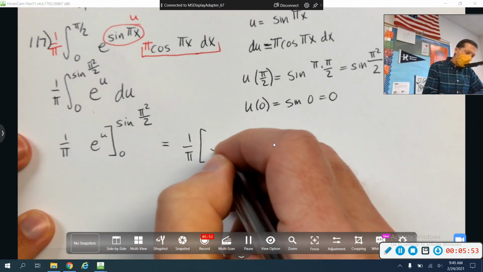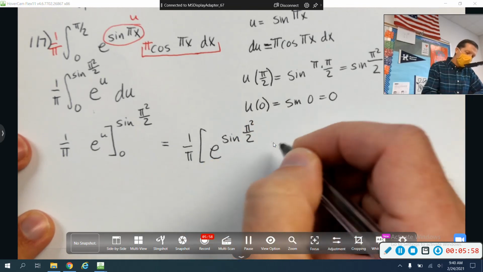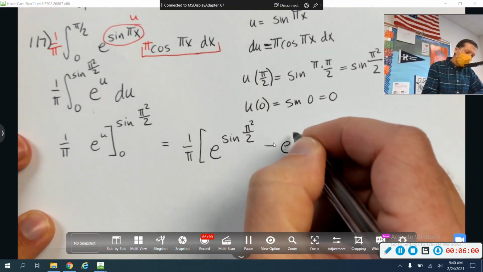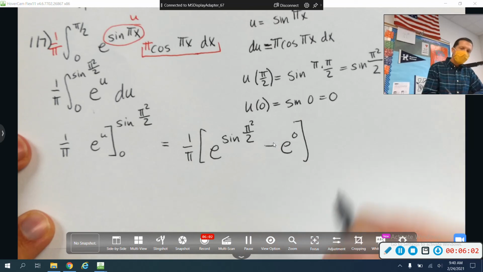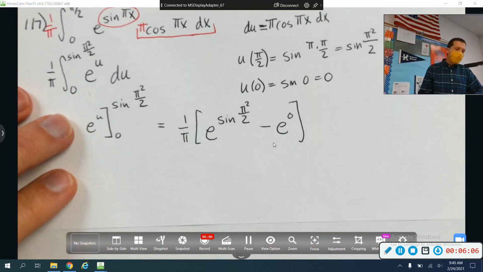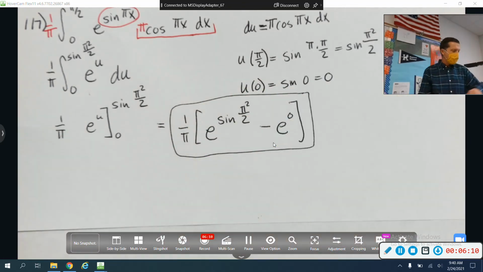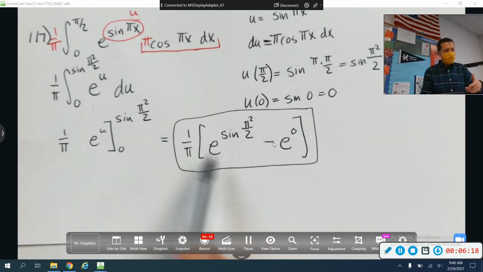So 1 over pi, e to the sine of pi squared over 2 minus e to the 0, which is 1, but this one's already ugly enough. Why not just leave it like that? Is that what the back of the book says? Do you know? Okay. That feels like a mess up, but that's the answer to the problem they gave us.